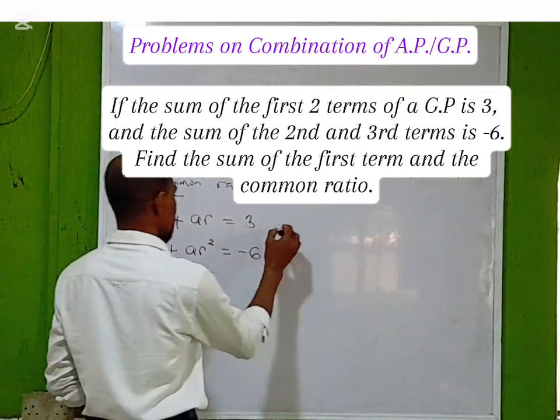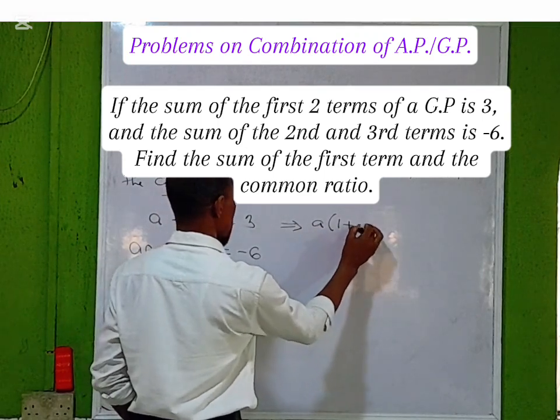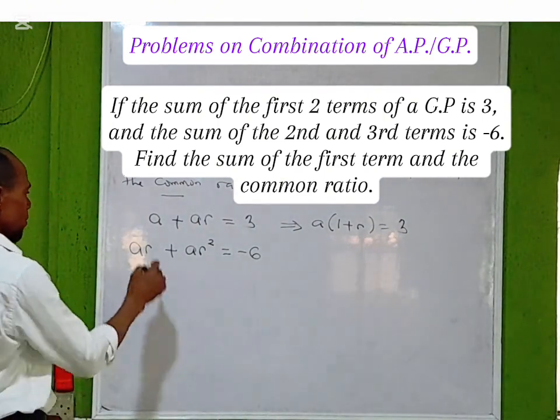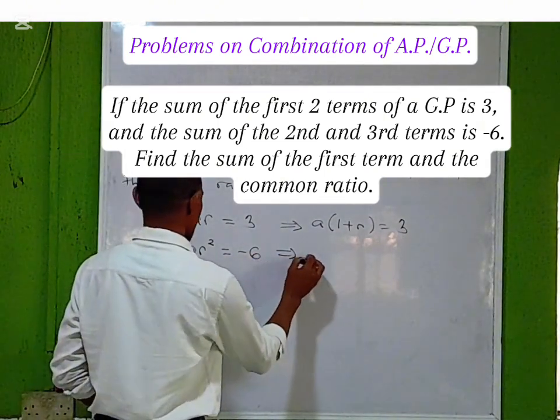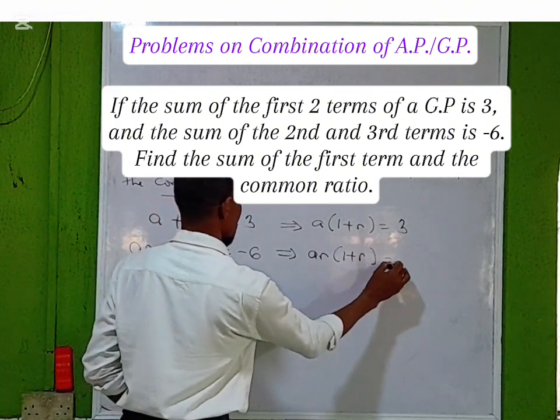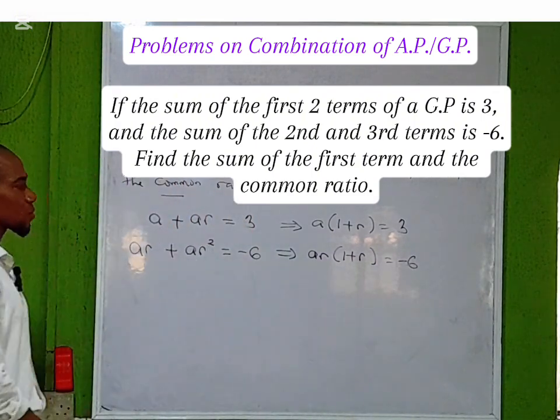For the first statement, A being factorized, we're going to have A times (1 plus R) equals 3. And from here, AR being factorized, we have AR times (1 plus R) equals -6.